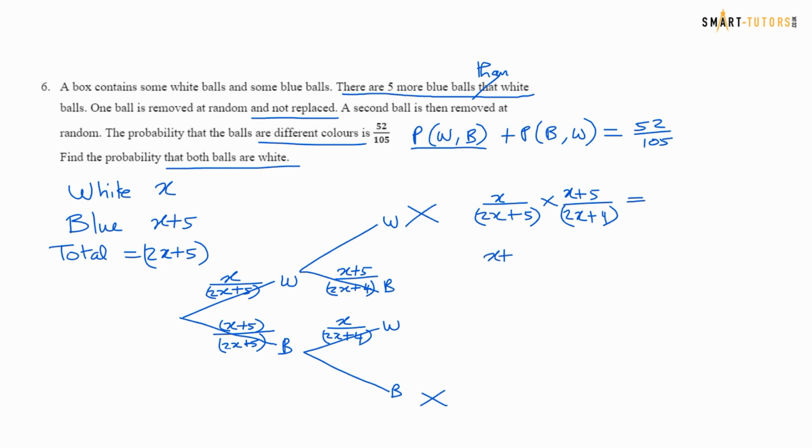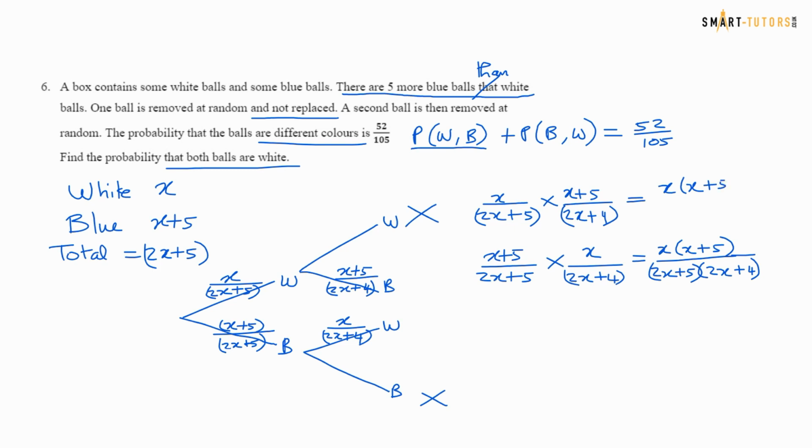The next one is x plus 5 over 2x plus 5 times x over 2x plus 4, equals x plus 5 over 2x plus 5 times 2x plus 4, with x plus 5 over 2x plus 5 and 2x plus 4.